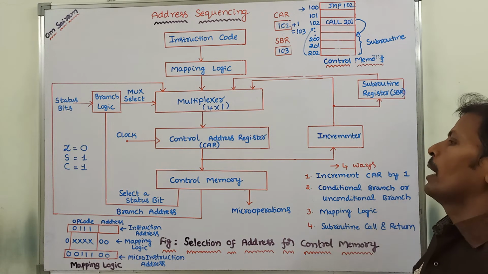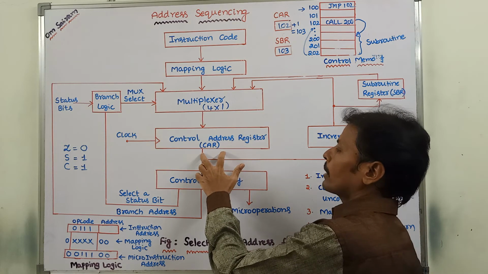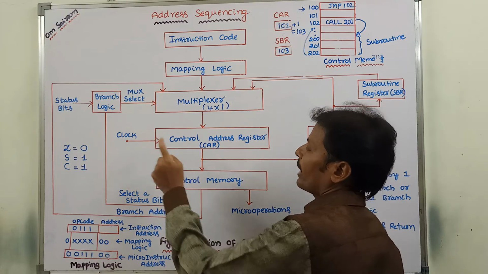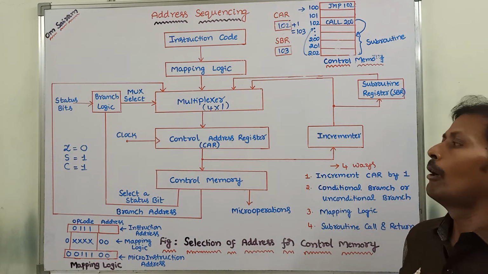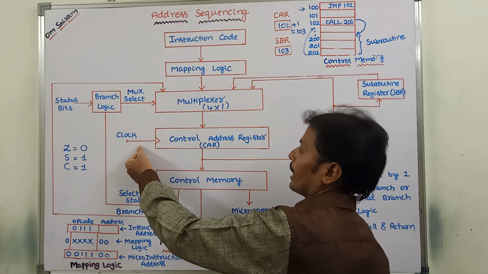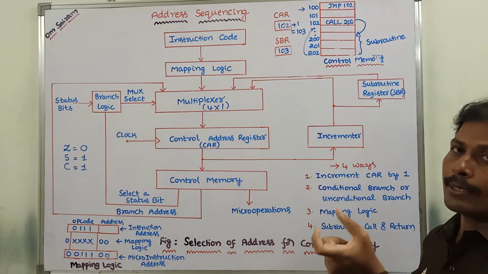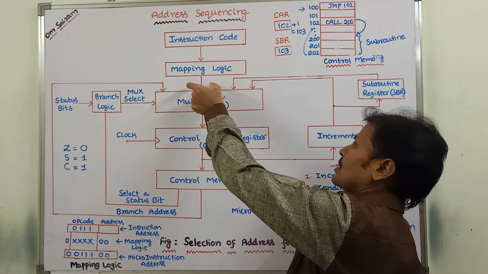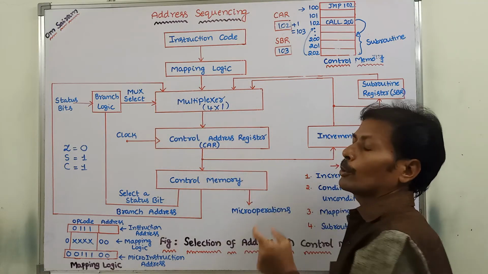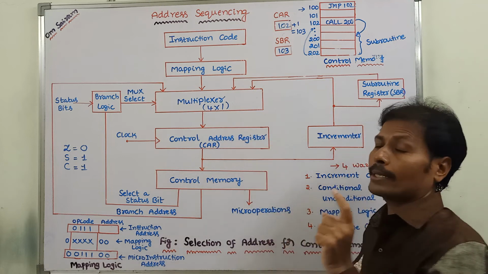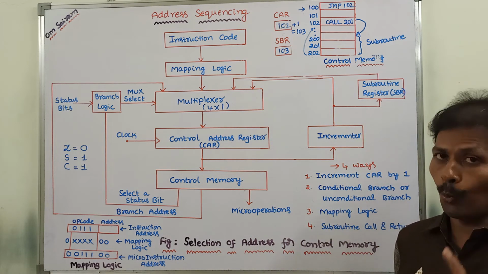Here the control address register is operated by applying the clock input. Whenever the clock input is applied, whichever branch address is selected is loaded into the control address register when the multiplexer output value is 1.